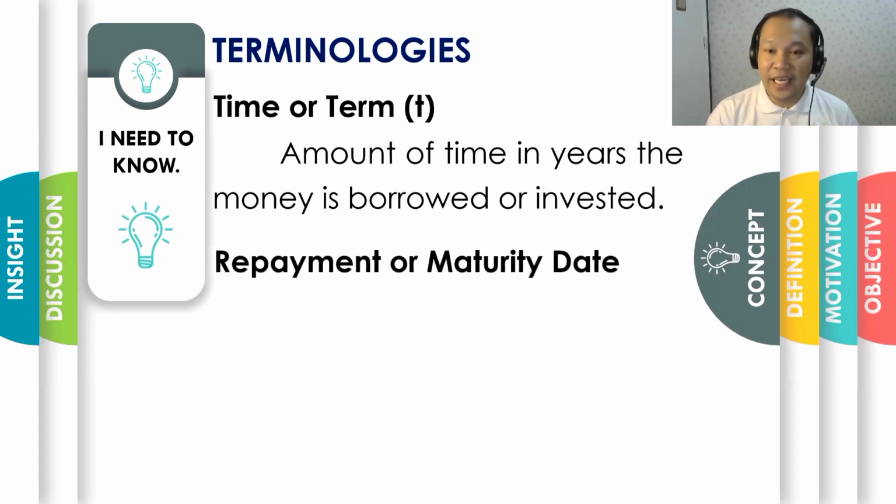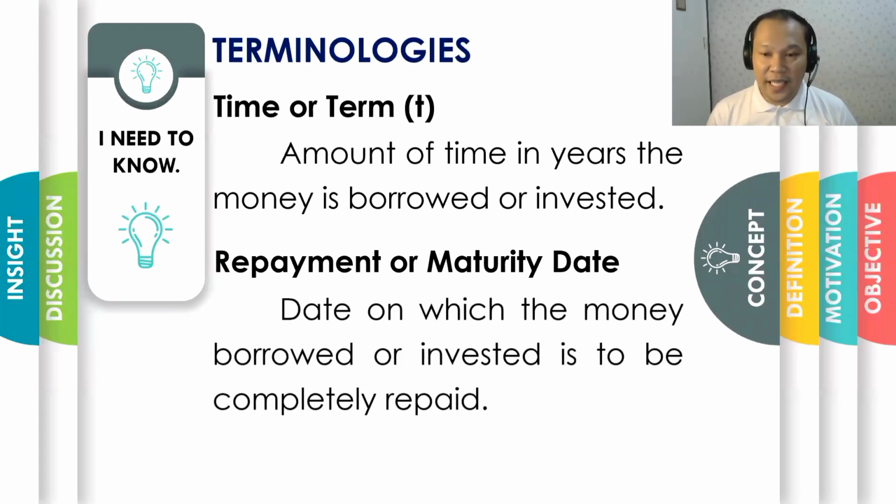Okay? And then the last terminology that we have is a repayment or what we call maturity date. Kailan mo isasauli yung pera given the term. Okay. Now, this is the date on which the money borrowed or invested is to be completely repaid.